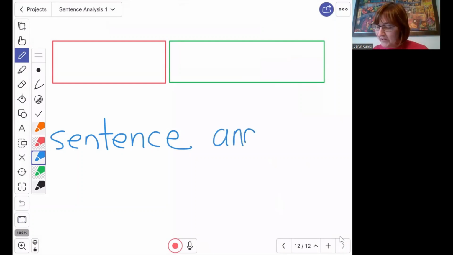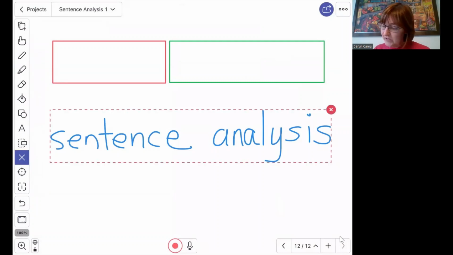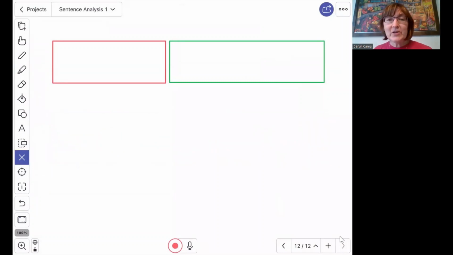We use this to look at a sentence and figure out why we need every word, what words are missing, and when we know the sentence is finished and we can put a period.